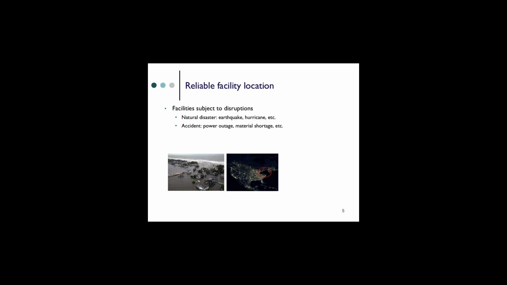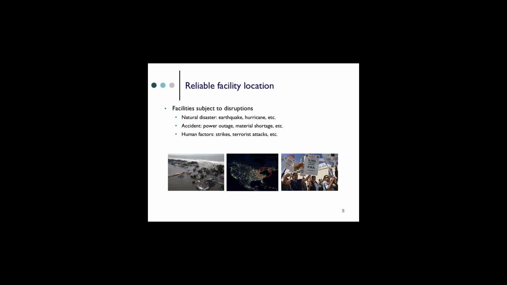Similarly, if some accident such as a power outage happens, the facilities may require power or materials to work. If the power outage happens, the facilities themselves may no longer be able to provide service, so the facilities are disrupted.